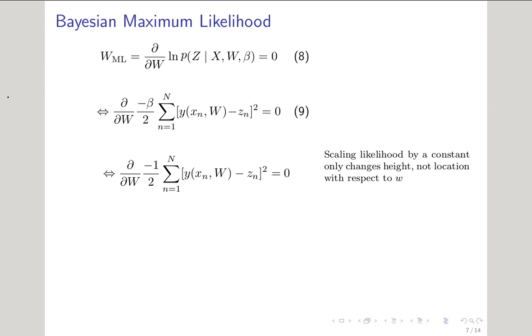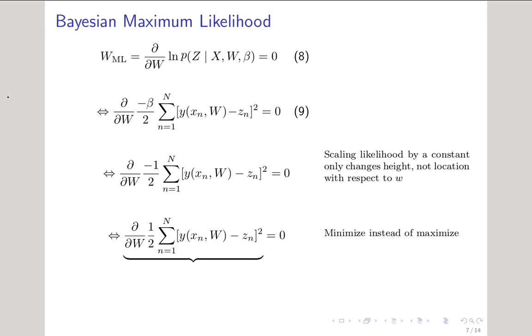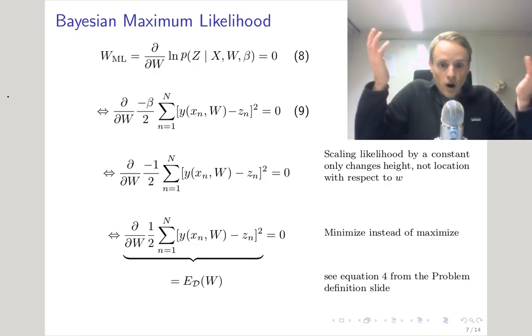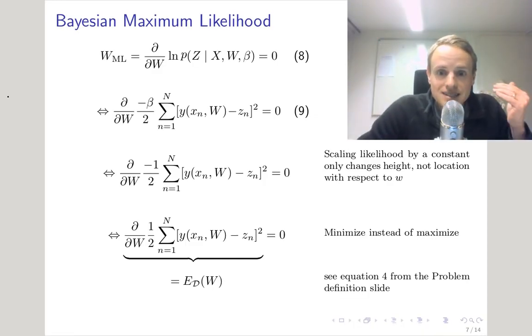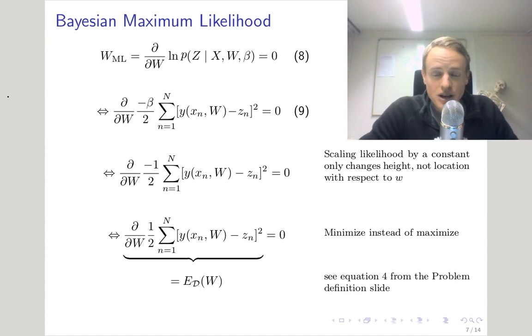We can remove the beta term because it's just a scaling term. And finally, we multiply by -1 so that we are minimizing instead of maximizing. And voila! We get the same error function that we saw in the last lecture.